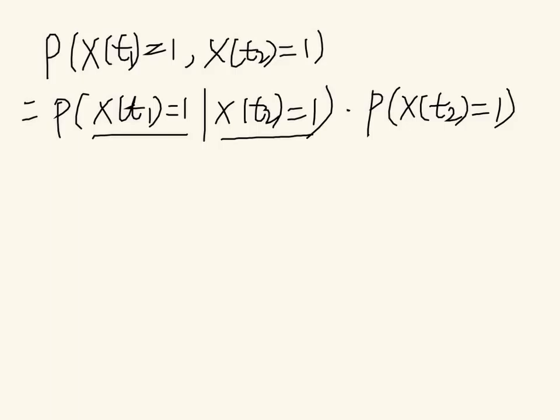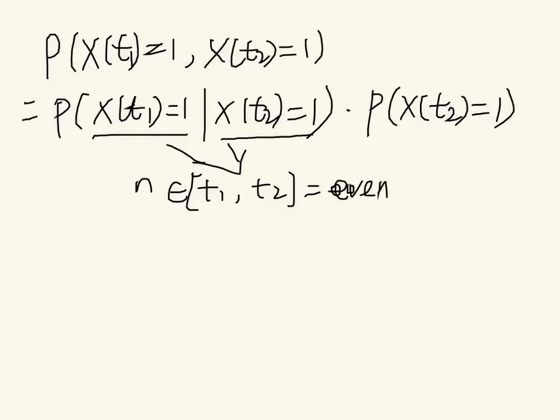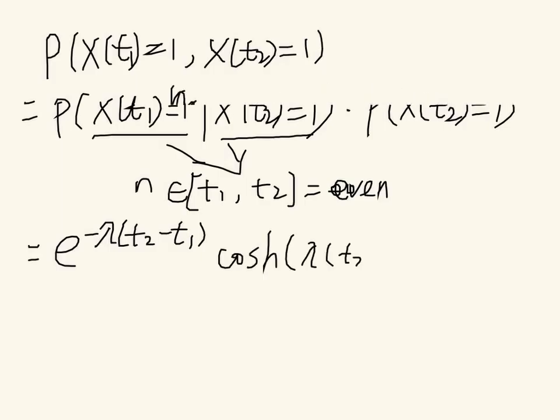So we know the points between t1 and t2 is an even number. So this is equal to e to the minus lambda (t2 minus t1) times cosh of lambda (t2 minus t1).